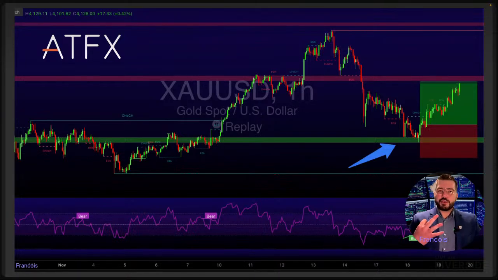Then there's also a third way for you to make use of the RSI, and this is probably a really nice one because it can help a lot of traders when you are chasing after a trade that you shouldn't be trading.